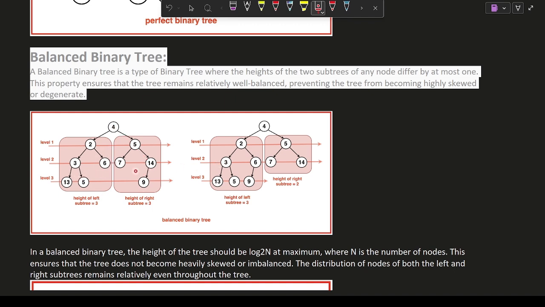We try to minimize the height difference between the two sub branches. In this example the height is the same, and in this example there is a difference in height. In the second branch there are up to two levels, in the first branch up to three levels. This is a minor difference, and here the difference is zero. So this tree is more balanced compared to this. And suppose I remove these two leaves, then the level difference will be two, so this will be more unbalanced compared to the previous.